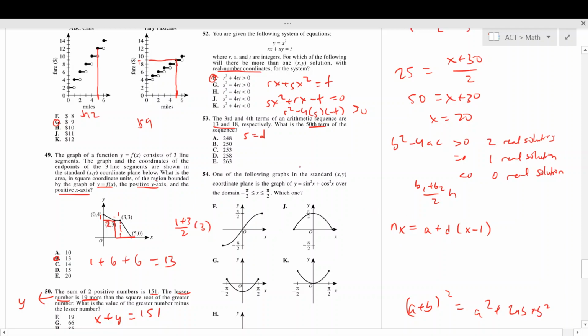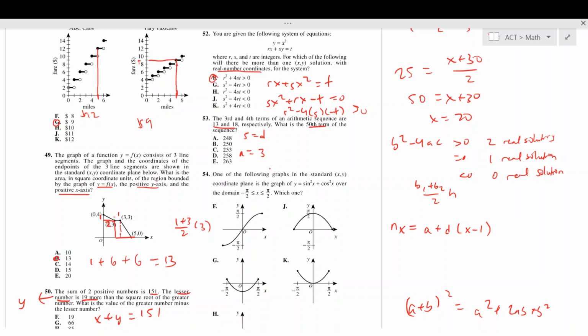I'll explain this more. Let's just get the first value first. The third term is 13. Then the second term must be 13 minus 5, which is 8. And then the first term must be 8 minus 5, so the first term must be 3.